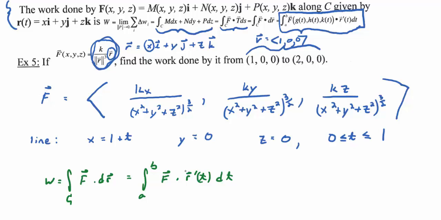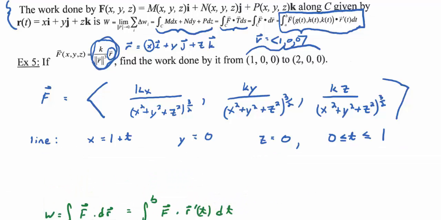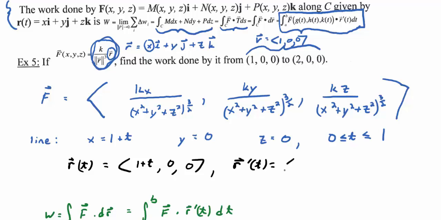What would r prime of t be if you think of r prime using the parameterization form? Well, r of t would be just 1 plus t and then 0 and 0, right? What would r prime of t be? R prime of t would be just 1, 0, 0.